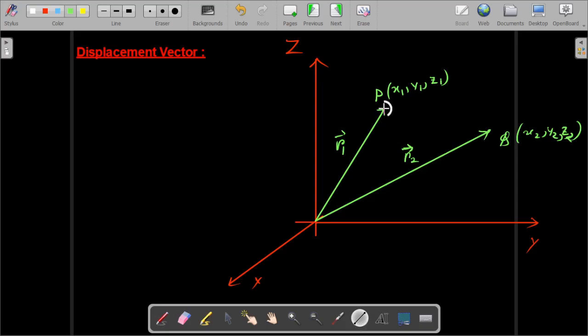Suppose I denote that displacement vector by a letter, small r, displacement from P to Q. Now how can I write this displacement vector small r in terms of these position vectors?